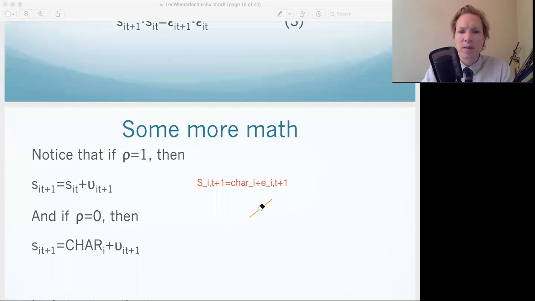All right. Let's see how we got this equation right here. So we're going to have our share in the next period is going to be equal to the characteristic. Okay. Now, what is this?